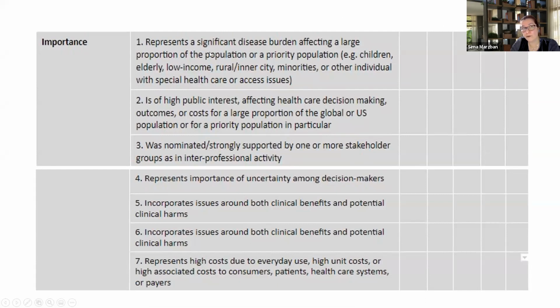What topics are important? The topics that represent a significant disease burden affecting a large proportion of the population. If you work on a case that is so rare in the world, just one case in one country, and you don't have any idea about the case and the disease area, why should you report that case?